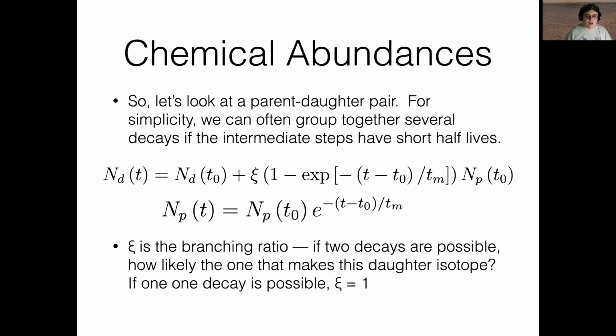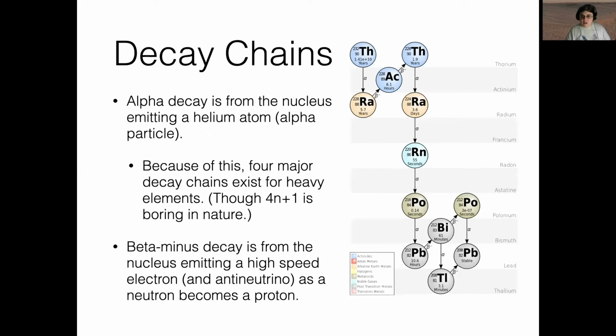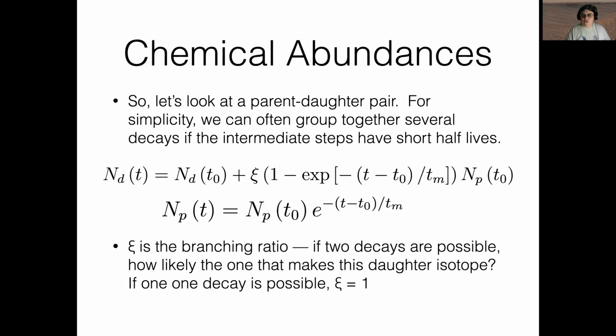Now, a few processes, especially if we go back a slide, notice the bismuth-212 at the bottom. That can either become polonium-212 or thallium-208. So what tends to happen is there's what's called a branching ratio.